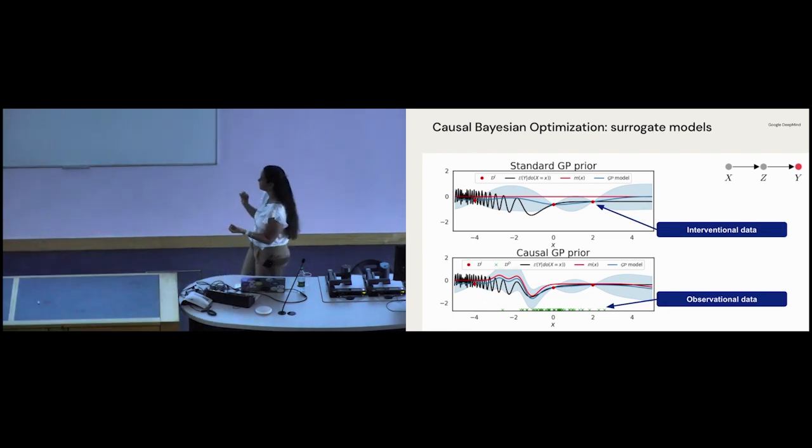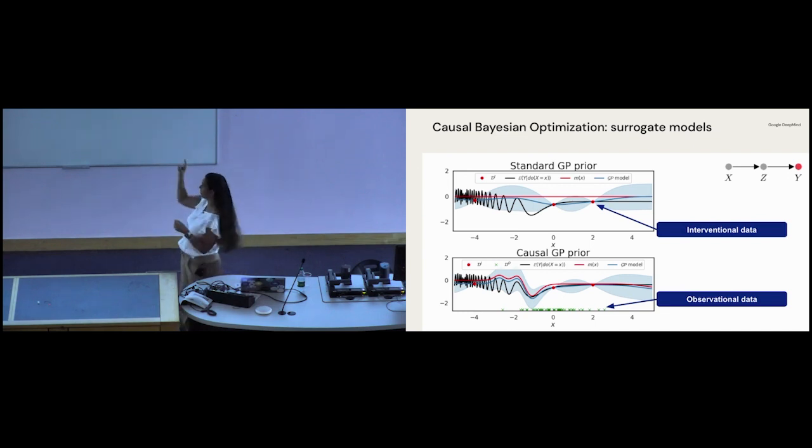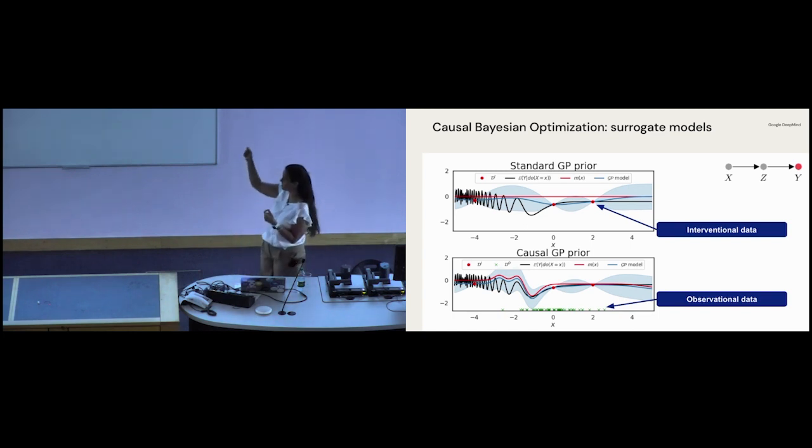So what you get is, you see that in the first case, you have a prior mean that is 0. You collect interventional data, which are the red dots, and we just have like 3 in this case, just a few. And you get a posterior mean with an uncertainty that is given by the shaded blue area that passes through the points that we collected, as you would expect in a standard GP regression.